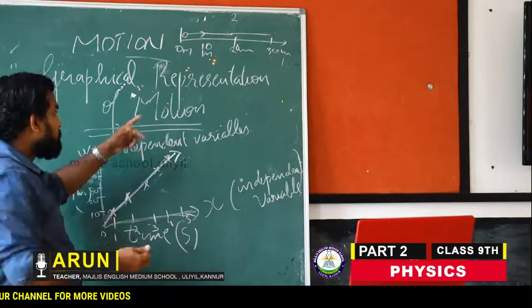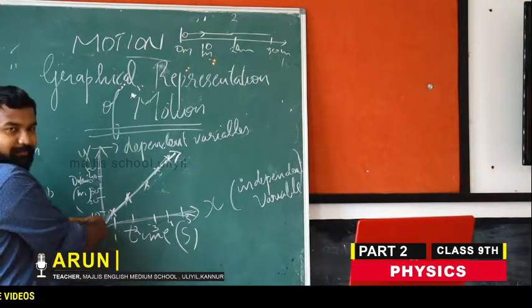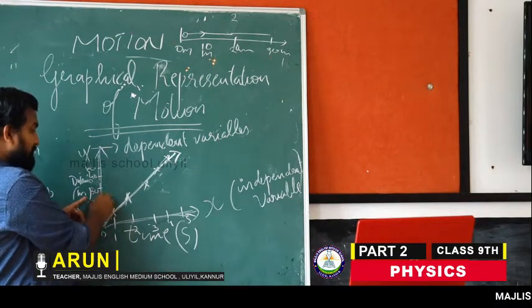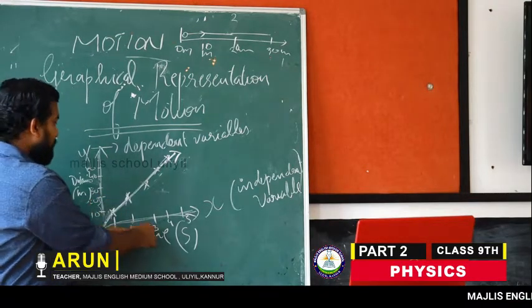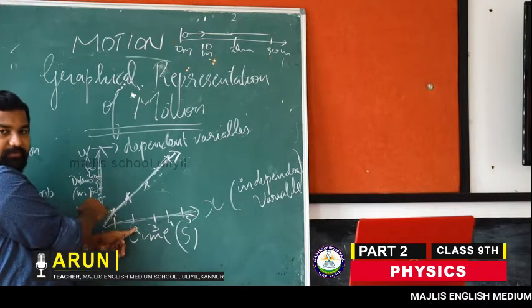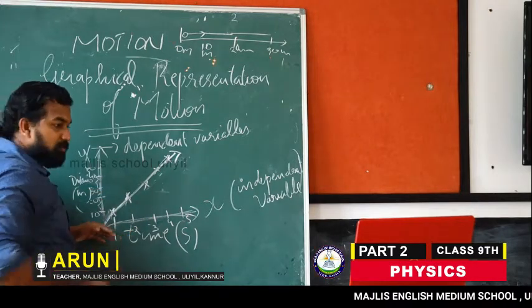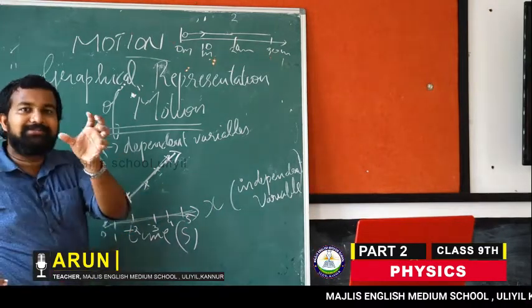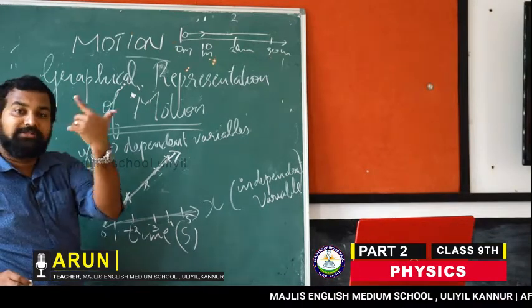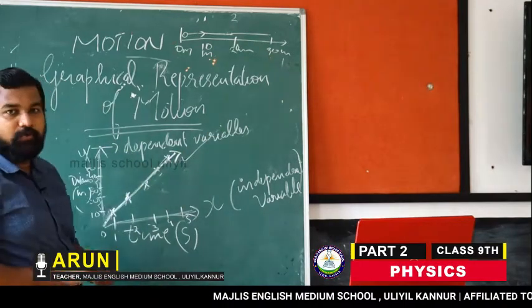For example, in the first time interval, 0 to 1, it moved 10 meters. 1 to 2, again it moved, total 20, that means the difference is 10 meters. From the second to the third second, it moved 10 meters. So there is equal distance travelled in equal intervals of time, so it is uniform motion. So this is the graph for a uniform motion.